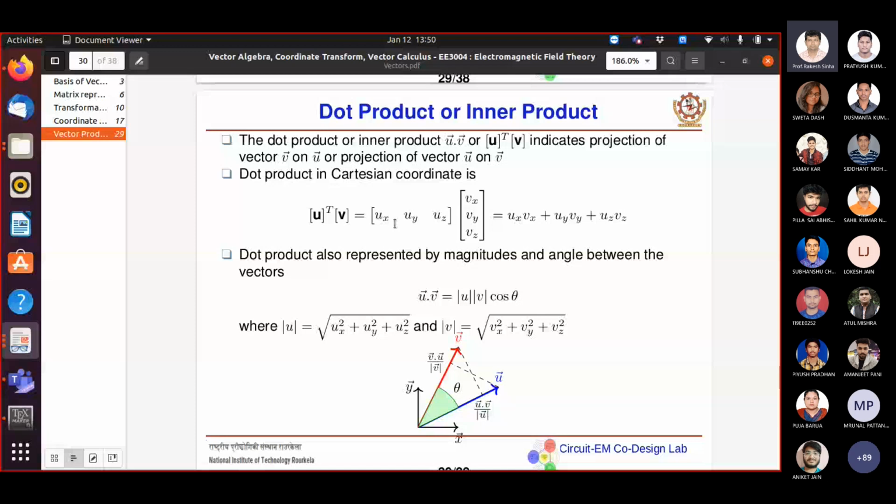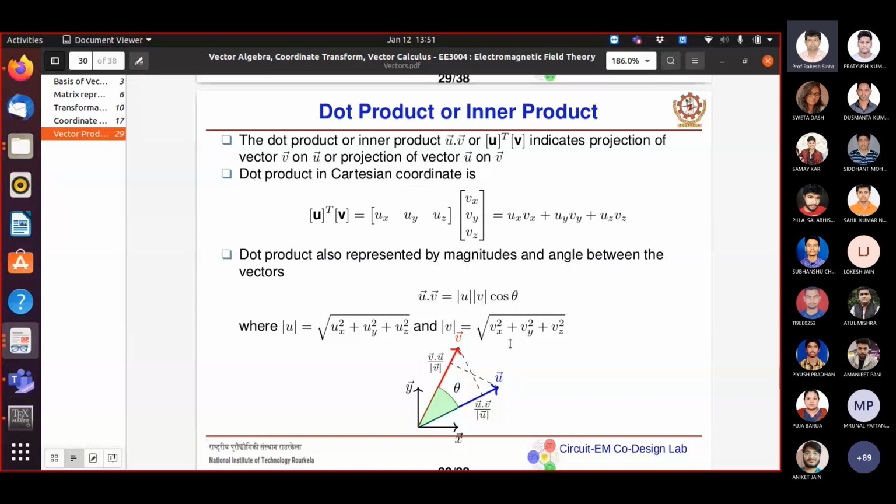And U dot V is equal to mod of U into mod of V into cos theta. This basically indicates the magnitude of U dot V, and please note that it is a scalar product. The quantity here is a scalar quantity, not a vector quantity.